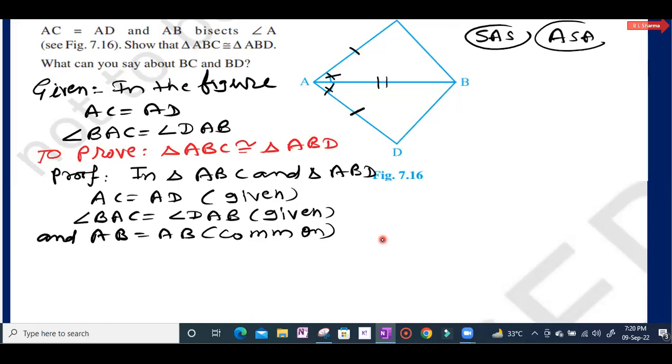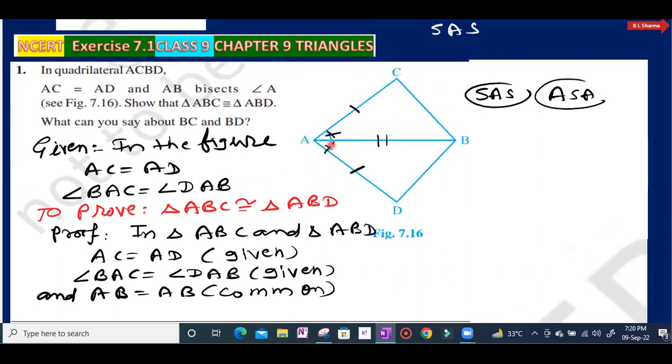In this triangle, one side AC, included angle BAC, and this is the second side.